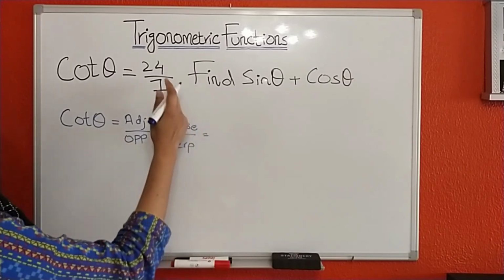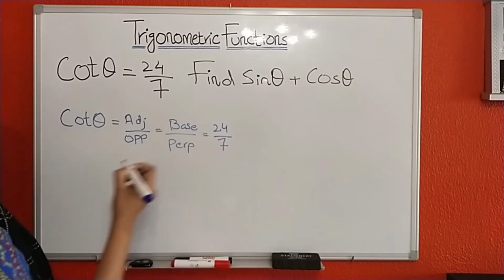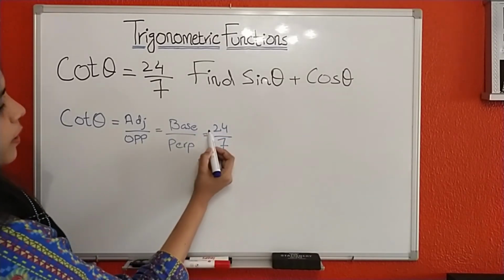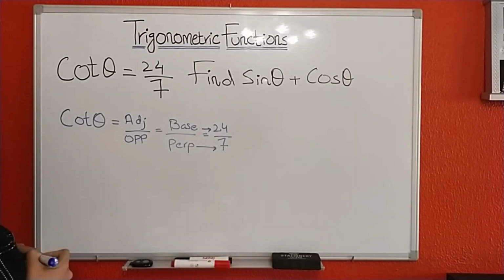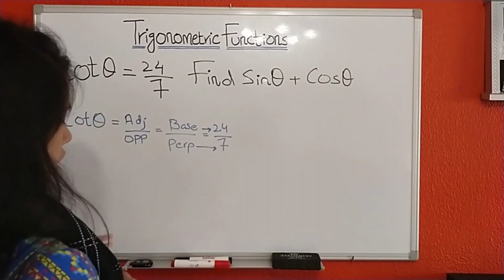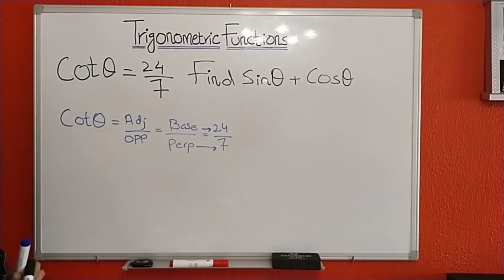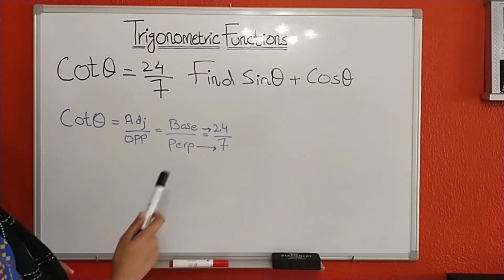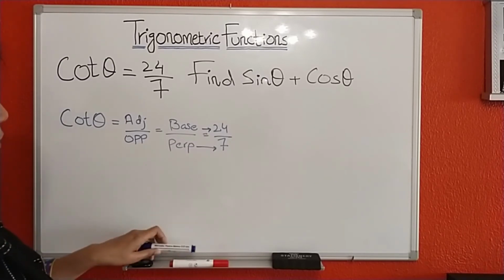So here we have the value of cot theta, which is 24 over 7. So the value of base is 24 and the value of perpendicular is 7. And we have to find the value of sine theta and cos theta. And what is the formula of sine theta? The formula of sine theta is opposite or perpendicular upon hypotenuse. But to find the sine theta, we need to find the value of hypotenuse first.